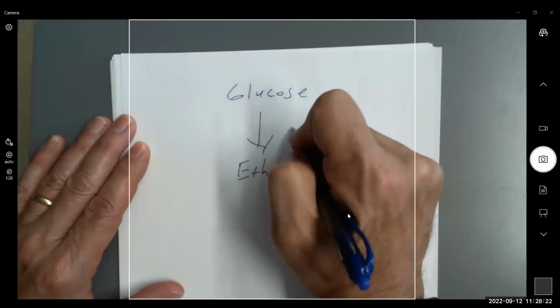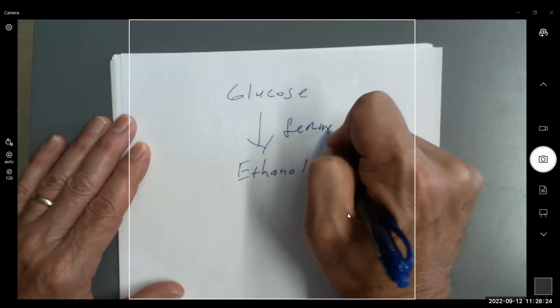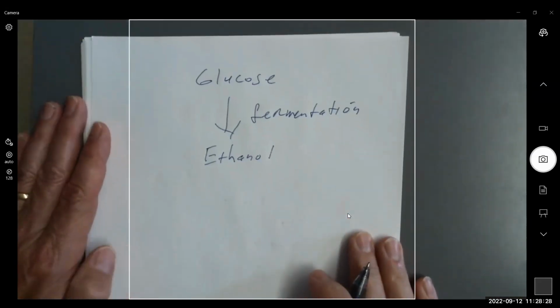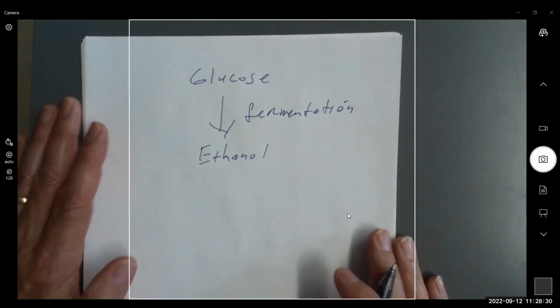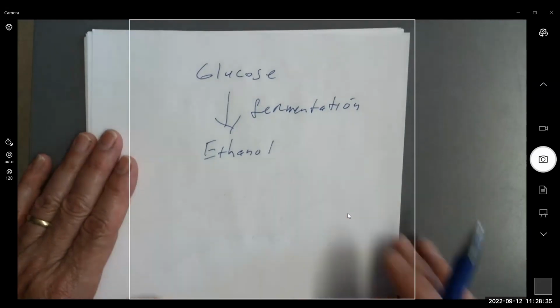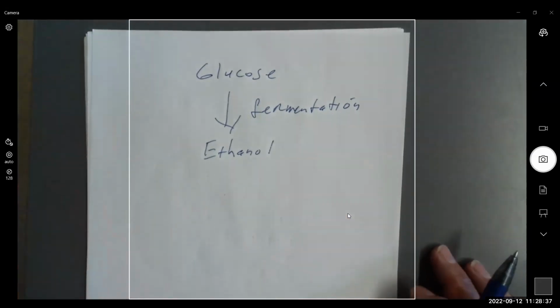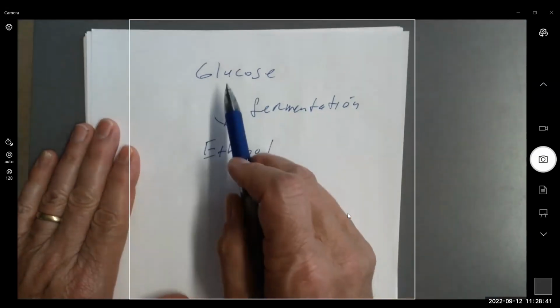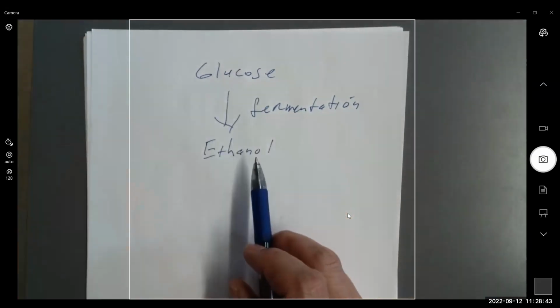That's probably what you think of when you think of fermentation. Is that fair? Well, it turns out this is one type of fermentation, because there are lots of ways to take glucose and break it down.